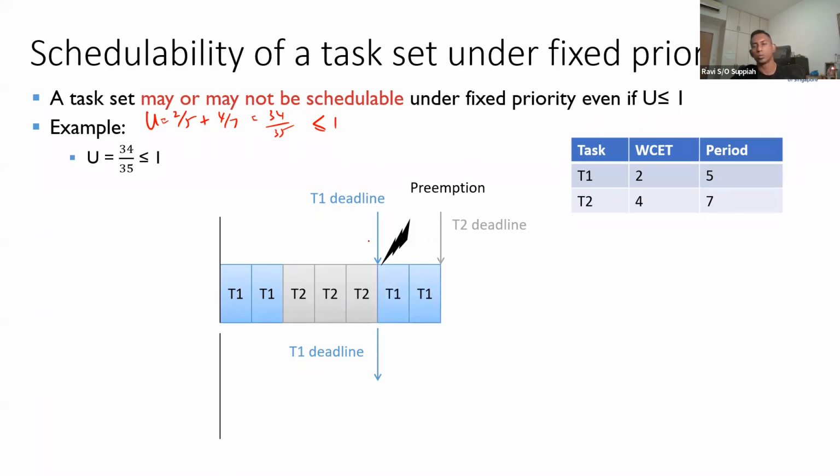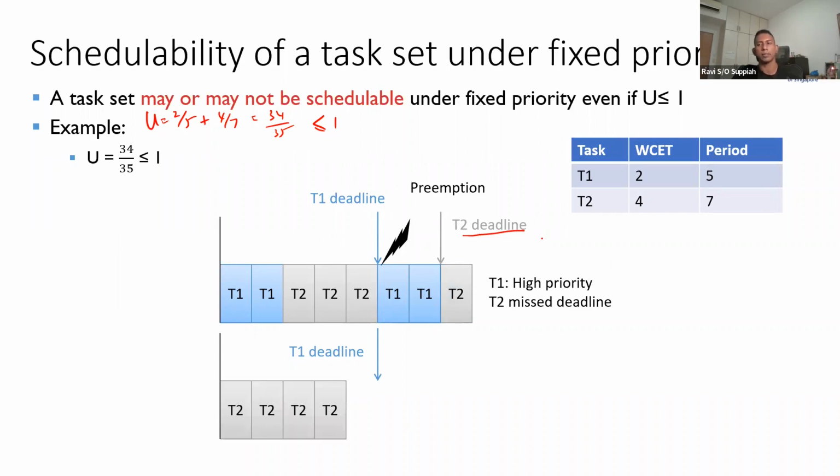Then only task 2 can run. But when task 2 runs the last block, it already passed the deadline, so it is not feasible. And even if I switch it around and give task 2 higher priority, then we come to another situation where task 1 will miss the deadline.